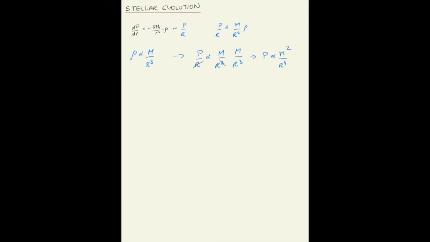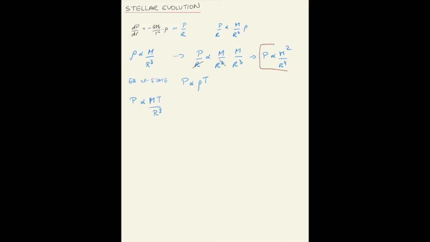And you also know from the equation of state that the pressure is proportional to density times the temperature. Now, if again you substitute the constant density as a function of the mass and the radius, then the pressure must be proportional to the mass times the temperature over the cube of the radius.